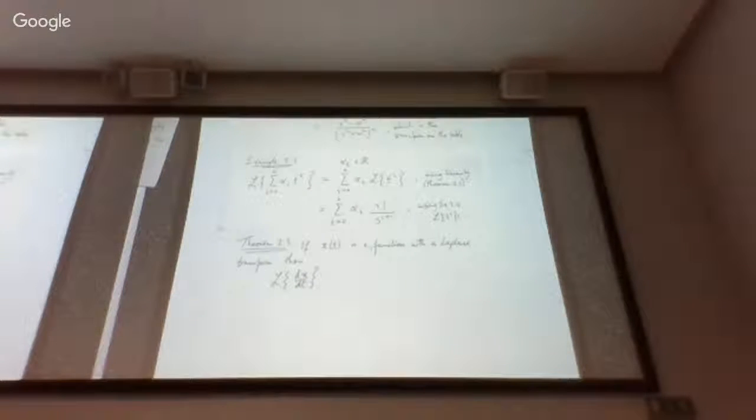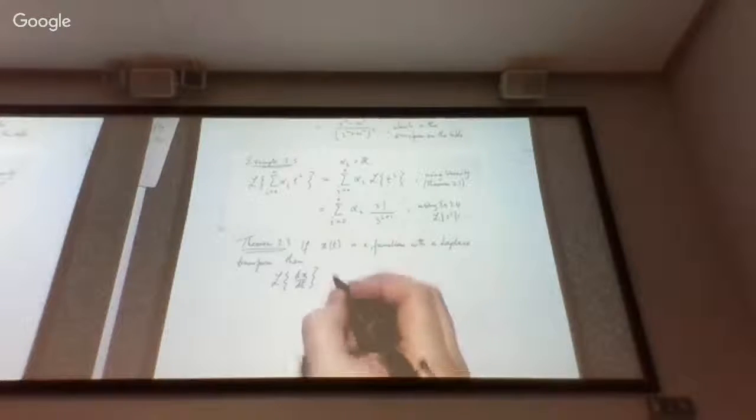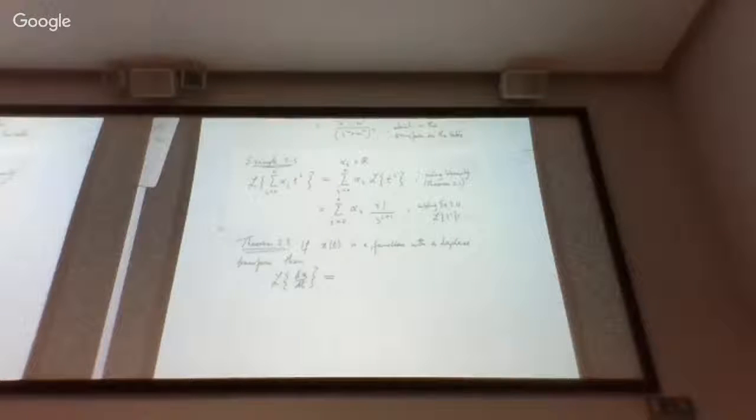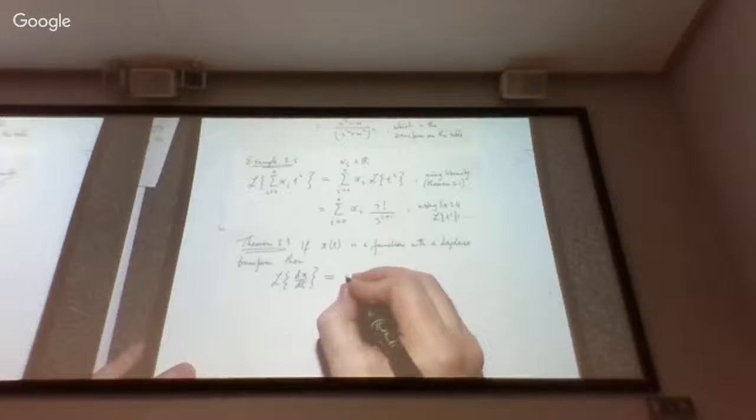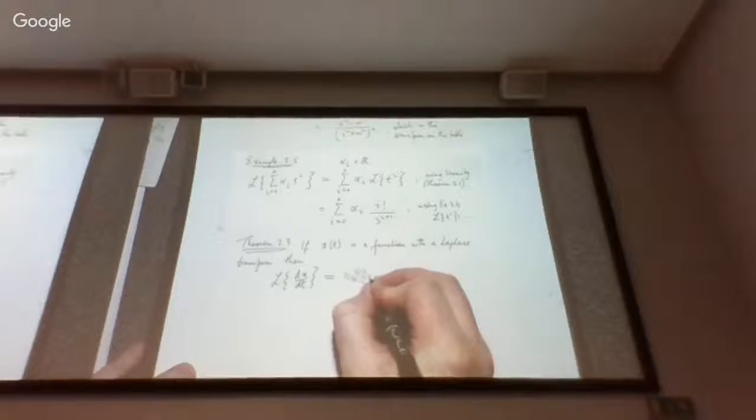Because your differential equation, of course, is made up of a few different derivatives of the unknown function. So as long as we assume that x has a transform, this property tells us what the Laplace transform of the derivative of x is going to look like.